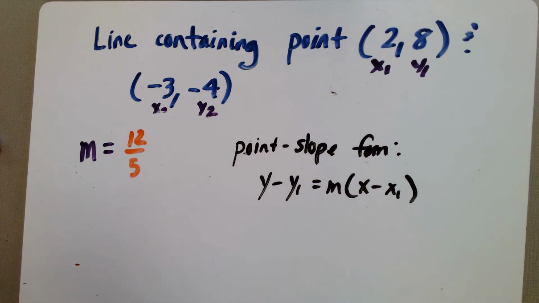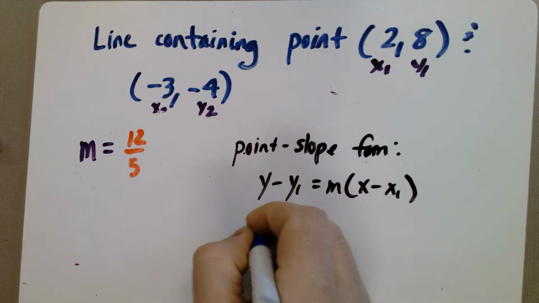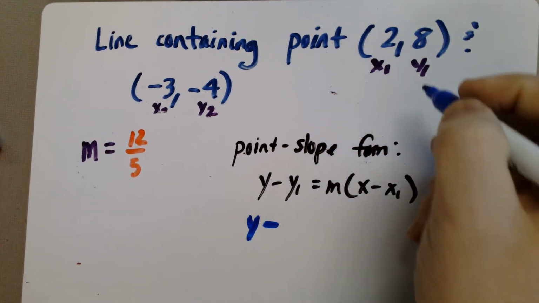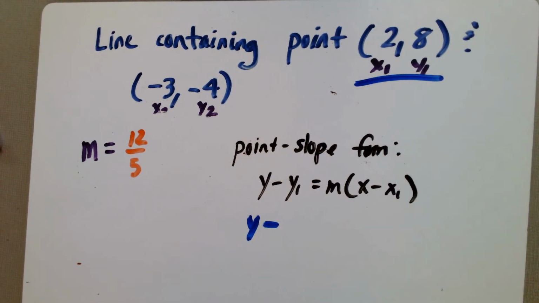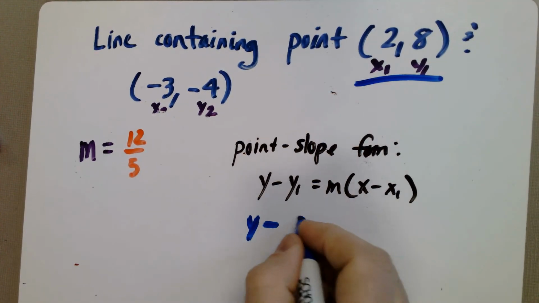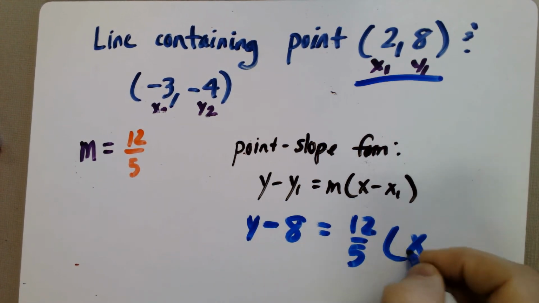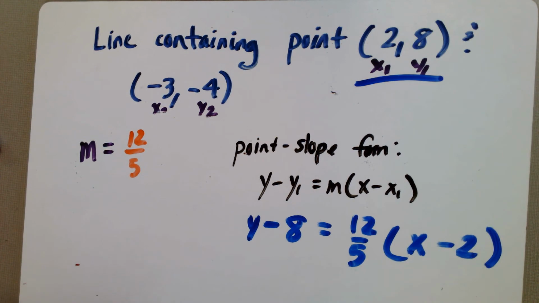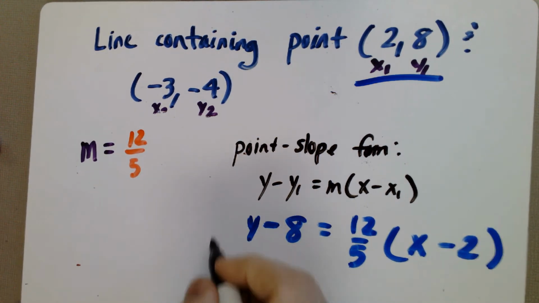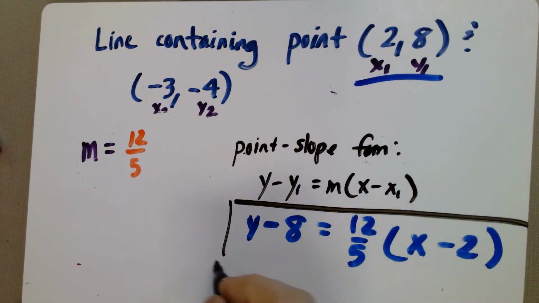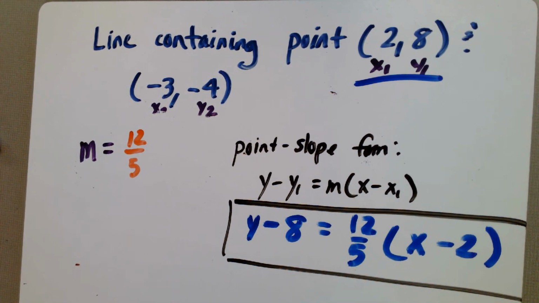So let's plug in using our slope and our point. We'll just use this point because it's already labeled x1, y1. So y minus 8 is equal to 12 over 5, our slope, times x minus 2. If they ask for it in point-slope form, we're done. That's the equation of a line.